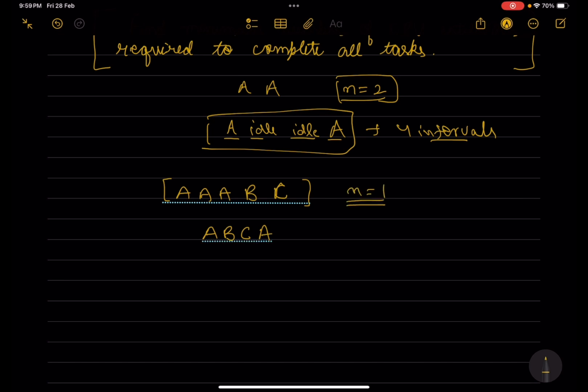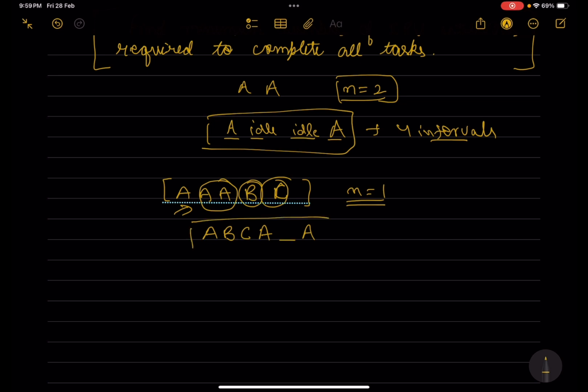That means there should be a gap of 1 interval between two same tasks. Now 2 A's are done, 1 B is done, 1 C is done. There is 1 A remaining. But I cannot perform A right here. So now I have to first wait for 1 interval. Then the CPU can execute the next task, which is of type A.